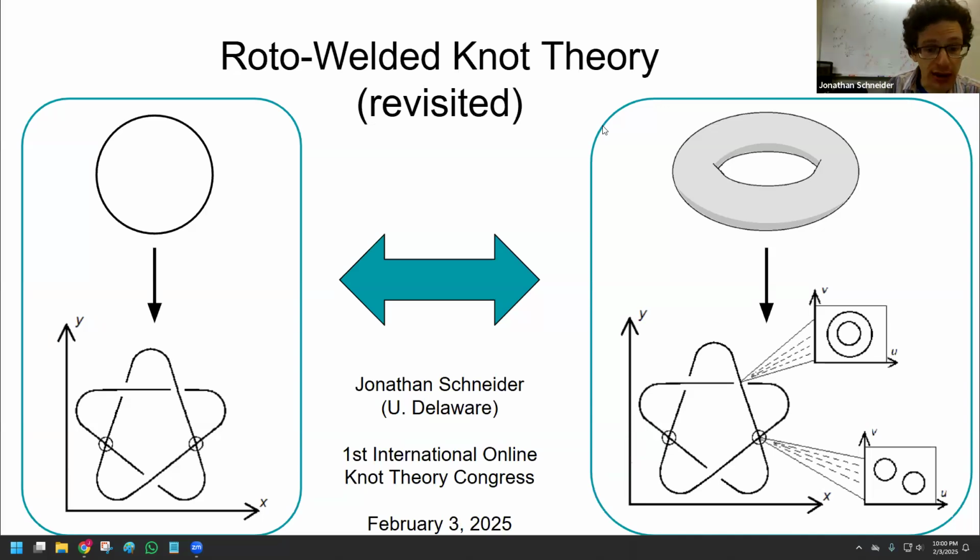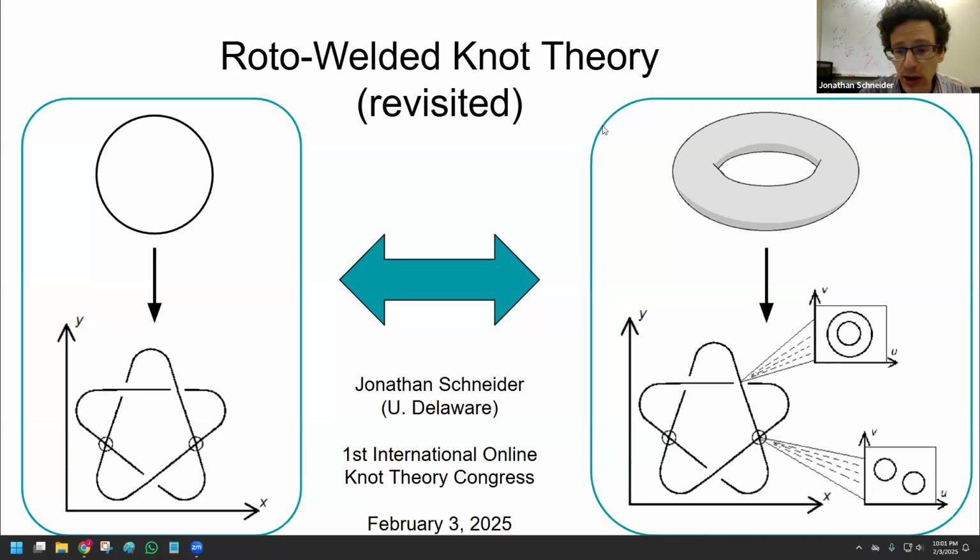So here on my title screen, you can see on the left an example of a knot diagram, just a curve in the XY plane with crossing data at its generic transverse crossings. And our goal here is to find a correspondence to this topological model involving a torus that sits in 4 space in a particular way that gives rise to the same knot diagram.